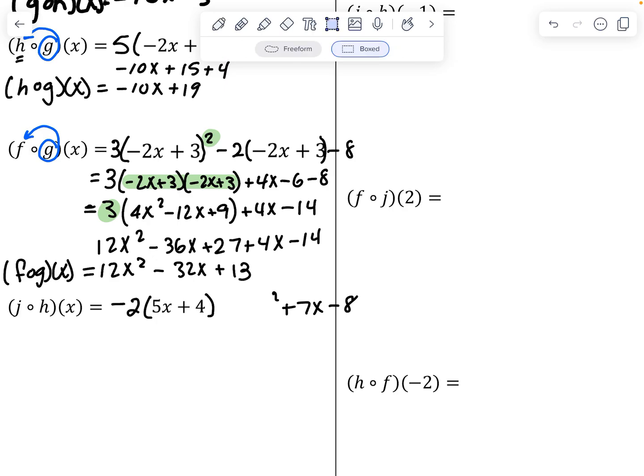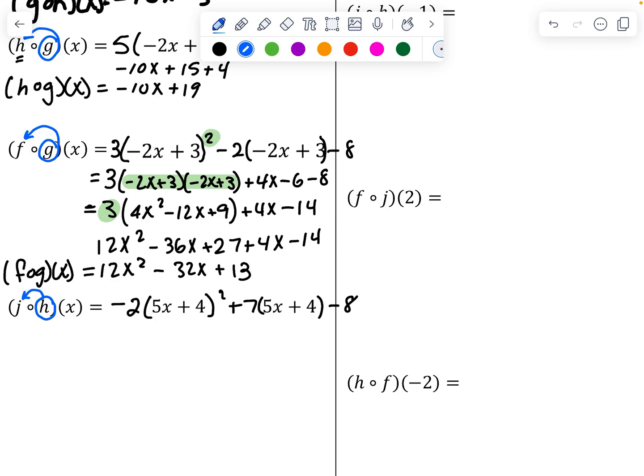And then I am going to take the other x out, and I am going to substitute in the value of 5x plus 4. Close that parenthesis, and then it has a minus 8. So I have taken the function h and substituted it into the function j.